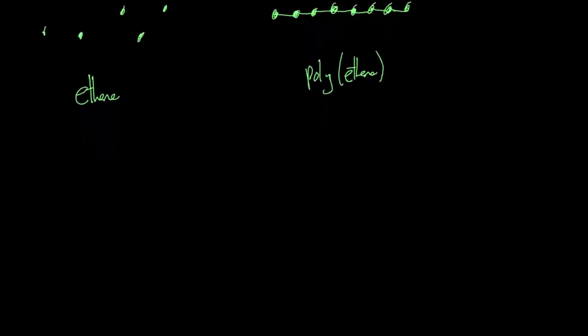And so of course let's have a look in a bit more detail. If you remember from the previous video, ethene looks something like this. So we have carbon double bound to another carbon, and then each carbon can have how many bonds? Well, 4, and we have 2 bonds in the carbon-carbon double bond, and so we have 2 extra bonds to these 2 extra hydrogens on each side.